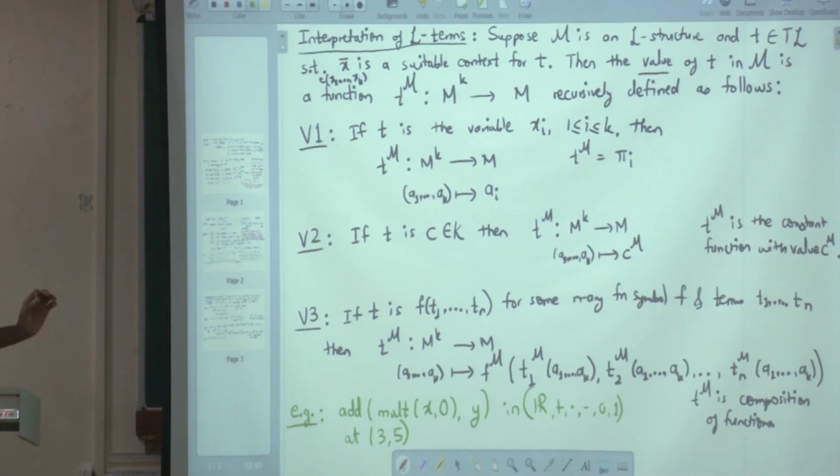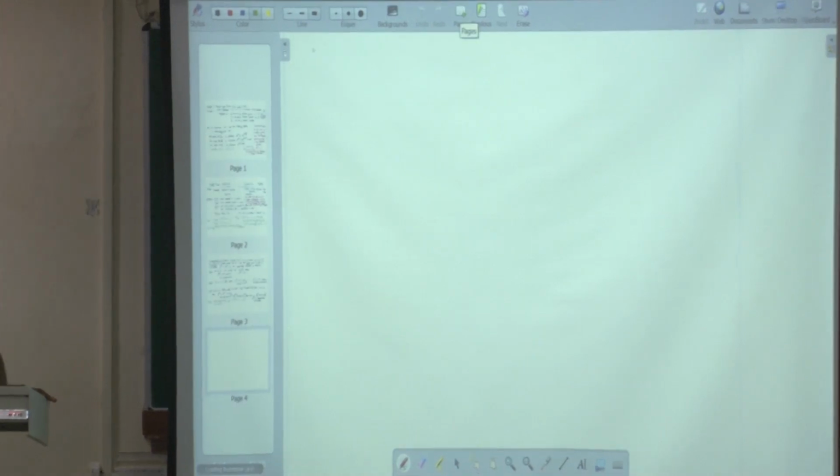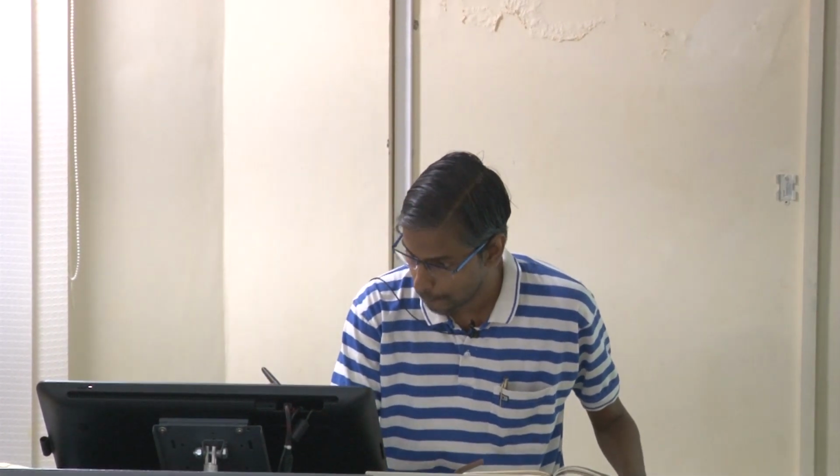So I am going to write it on the next screen now. Add of mult of x comma 0 comma y, and I want to interpret this whole thing in R at 3 comma 5.